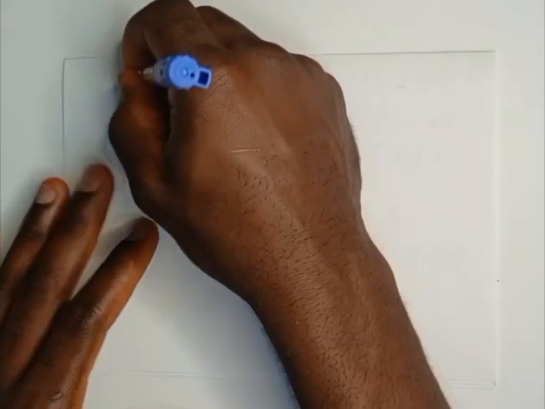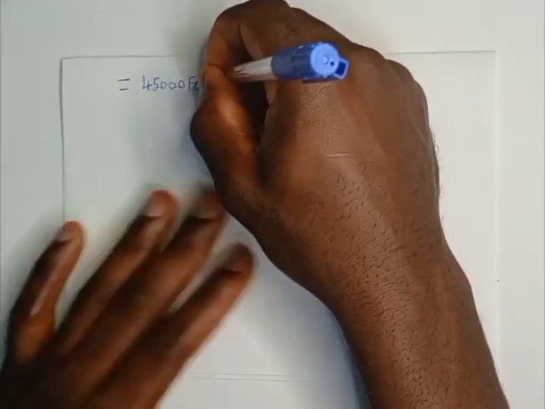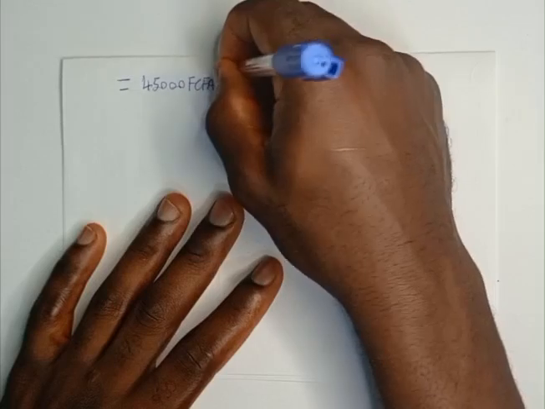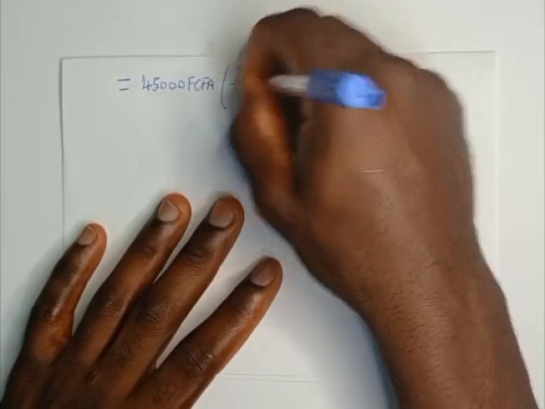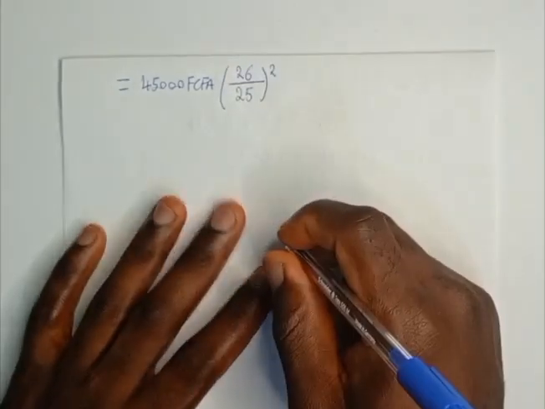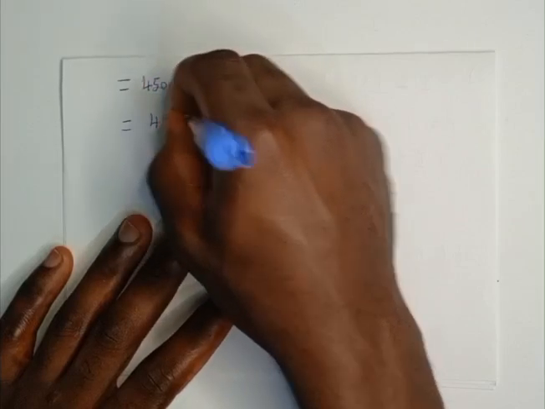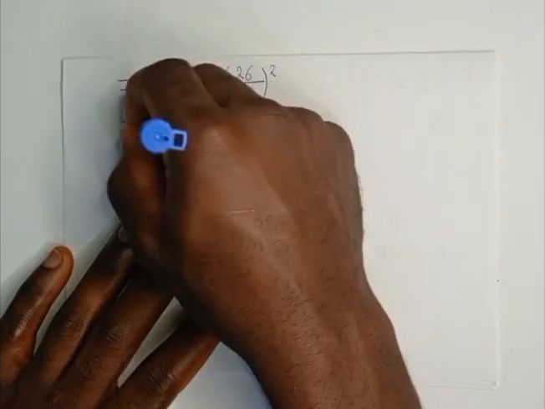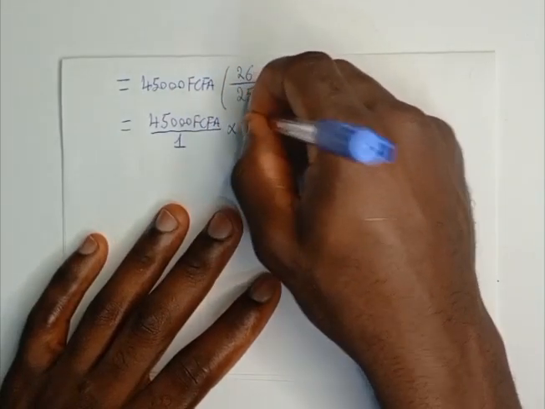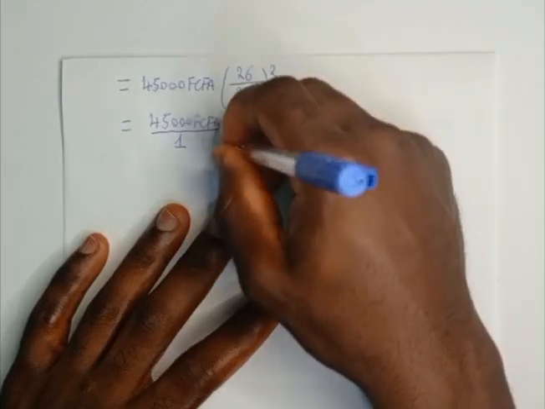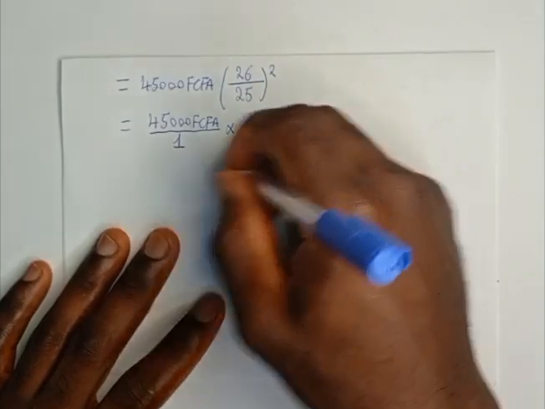This will be equal to 45,000 francs CFA times 26, because 25 plus 1 gives 26 over 25, all this squared as such. This will simply be equal to 45,000 francs CFA over 1 times 26 squared gives us 676 all over 25 squared gives us 625. We can further simplify.